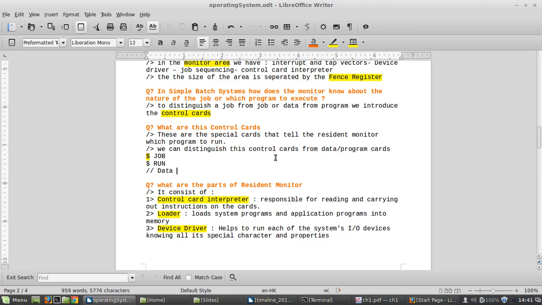So the difference between these is just detected by a control card. And we can distinguish these control cards from data cards, because for example, this is data, which is totally different from this kind of control card, and this is a particular job.